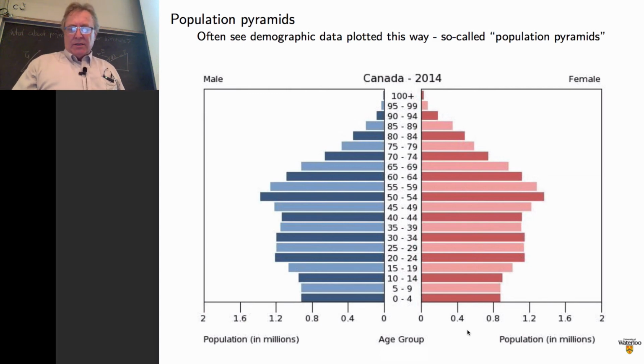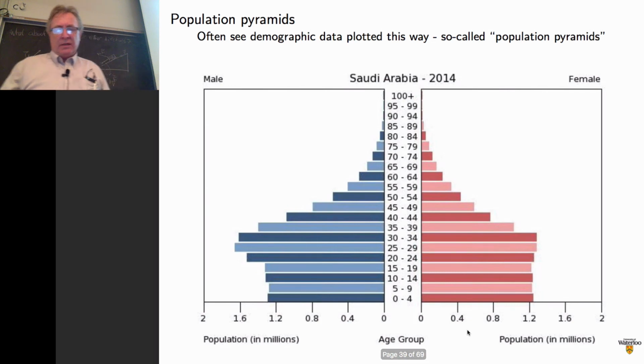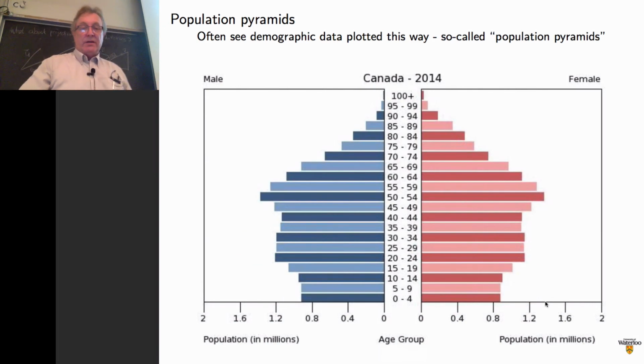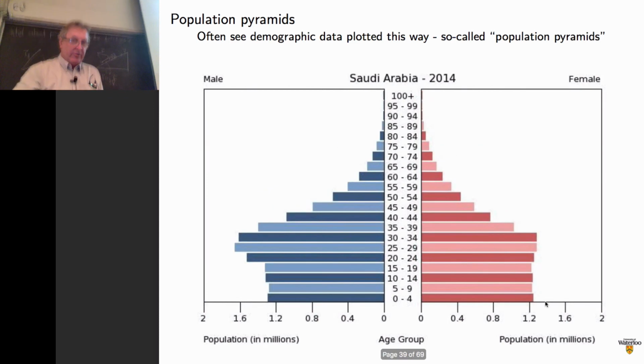And what's interesting is looking at different countries. So I'm going to point out, first of all, that this goes from up to 2 million on either side, which is identical to the Canadian one. Okay, so now we look at Canada versus Saudi Arabia. And Saudi Arabia does have this bulge, but it's much younger, and it does go in.